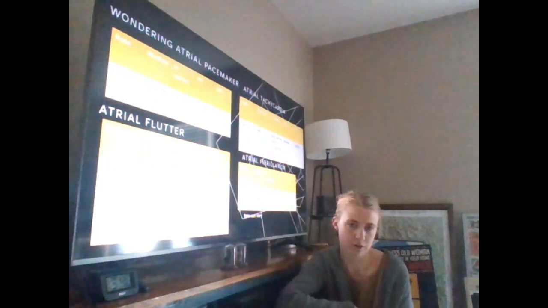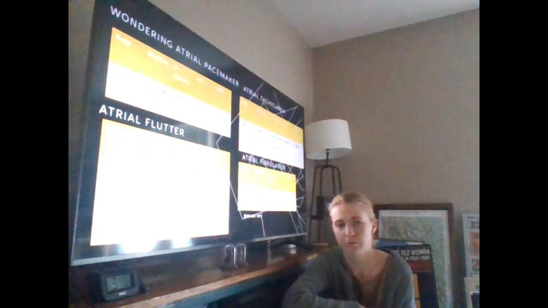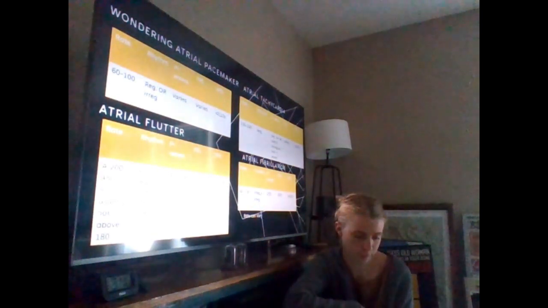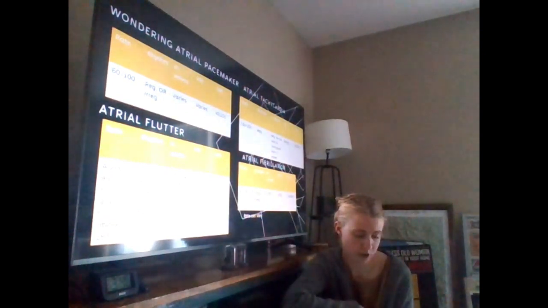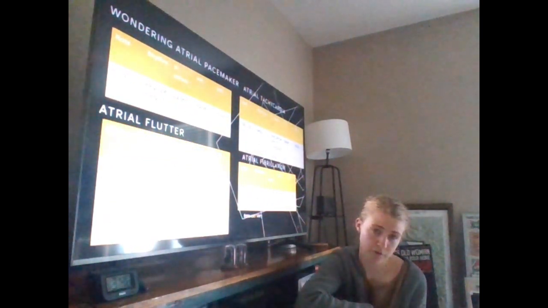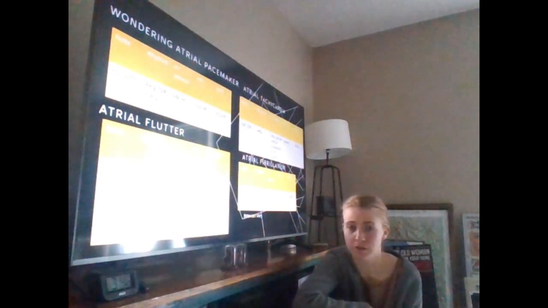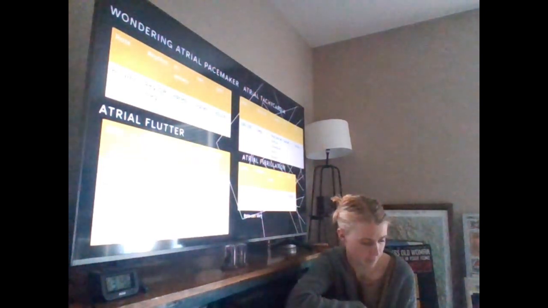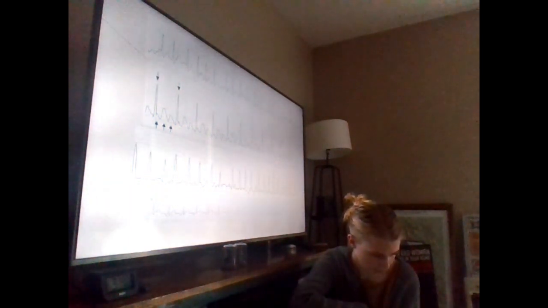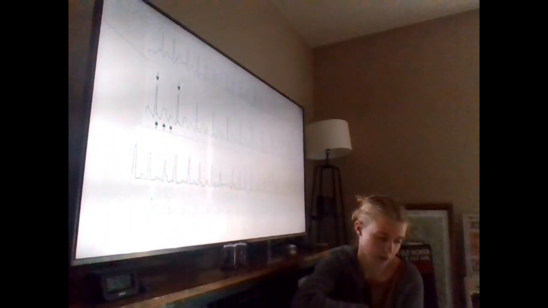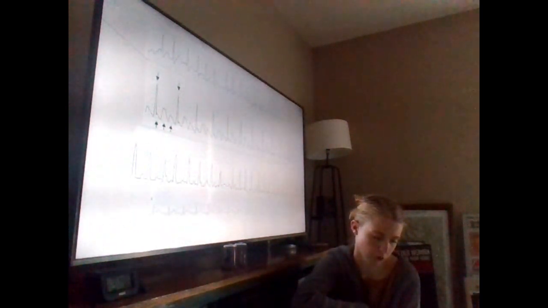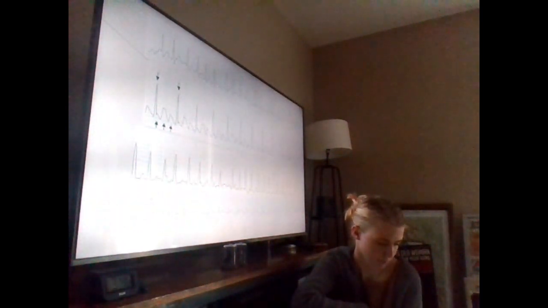It depends on just how fast each is beating. So you won't be able to determine your PRI. Your QRS complexes are still narrow. There will be multiple P waves, but their morphology should be the same. You can see that on that second strip. This is a 2:1 ratio throughout, so you have 2 P waves per 1 QRS.